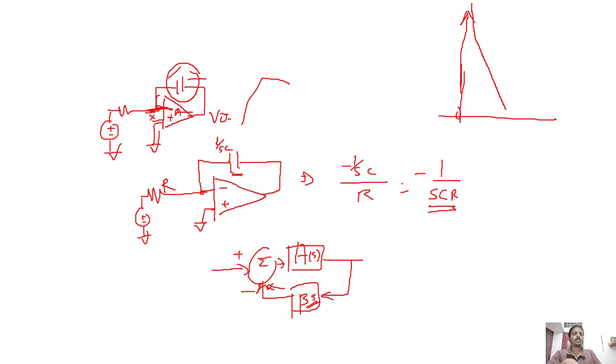If beta is dependent on frequency, and beta changes from some plus value to minus value, definitely the feedback topology can change. It can be positive during a particular frequency and can even change to negative feedback after a particular frequency, if beta is dependent upon the frequency.